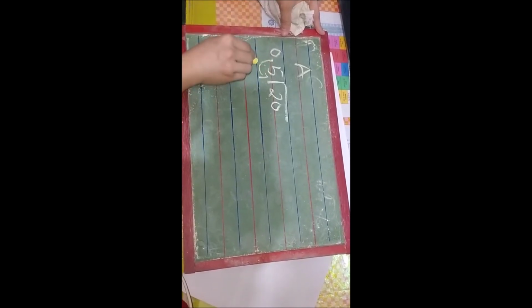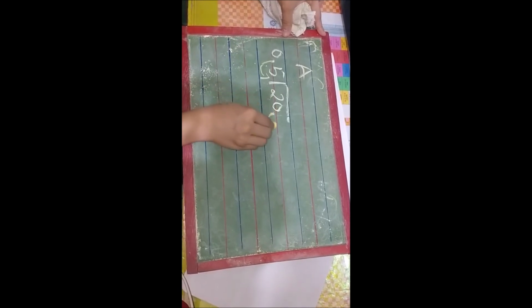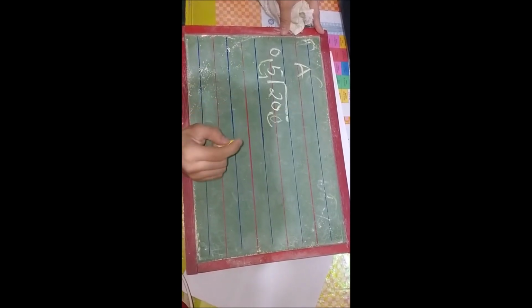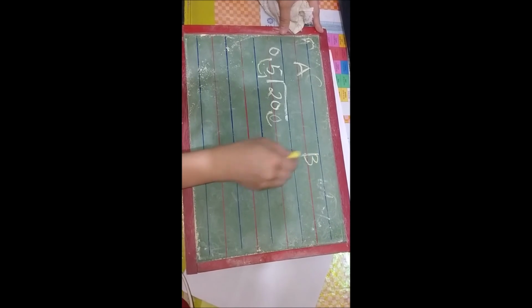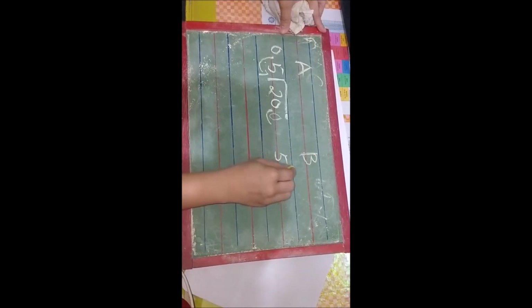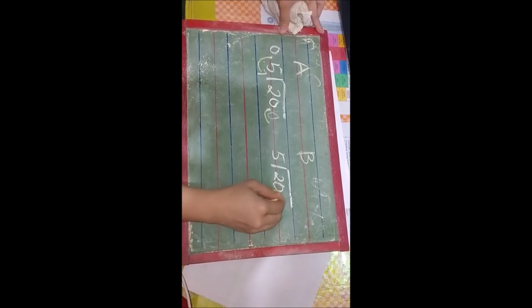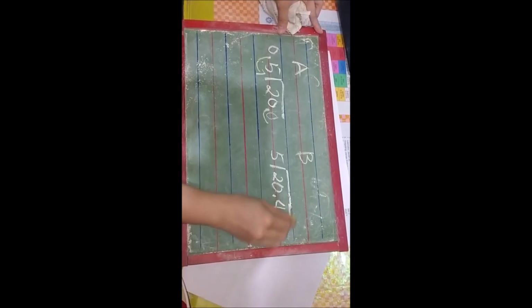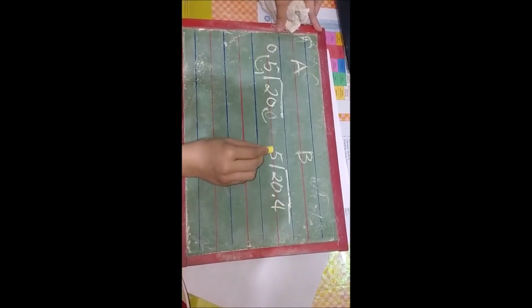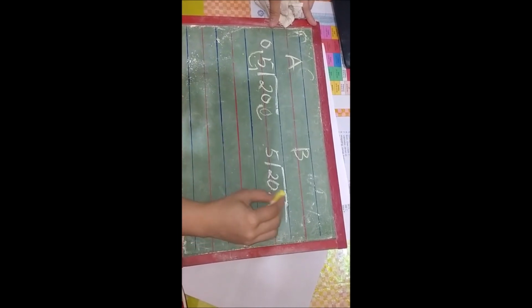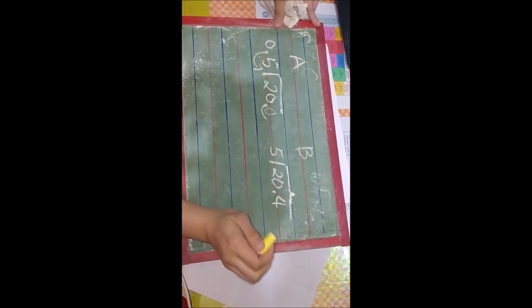If you move the divisor, you also move the dividend. And then in letter B, the divisor is a whole number and the dividend is a decimal number. If you do not move outside, you do not move inside; you just copy the decimal point.